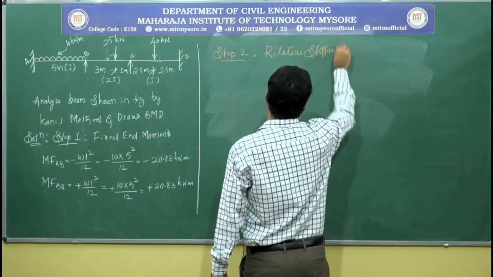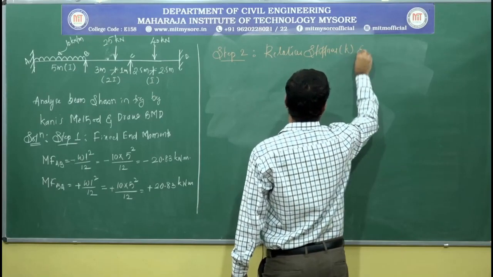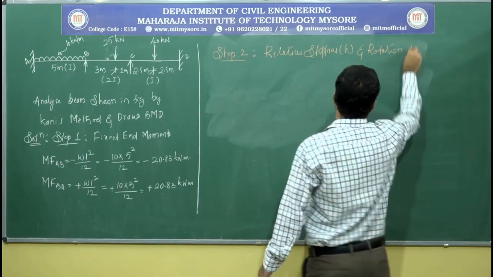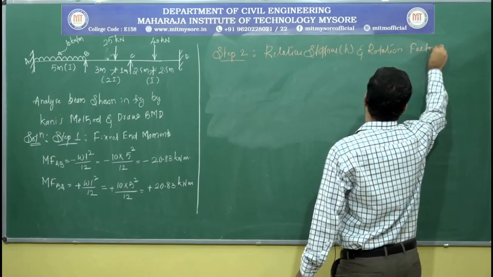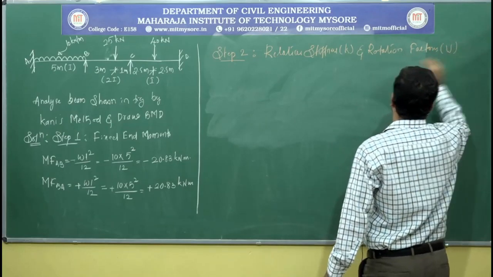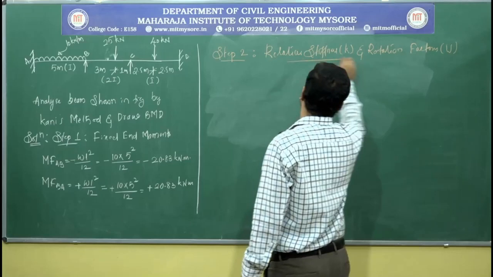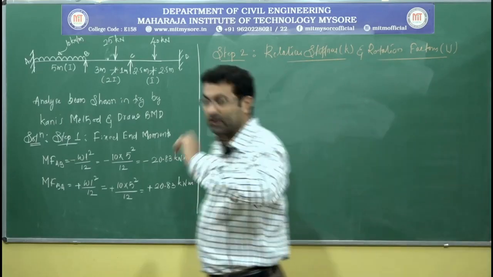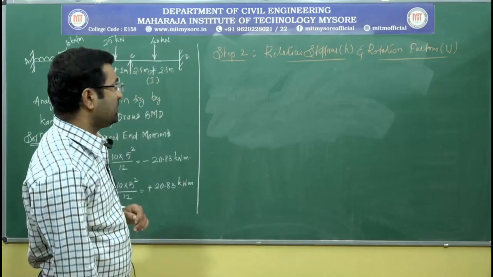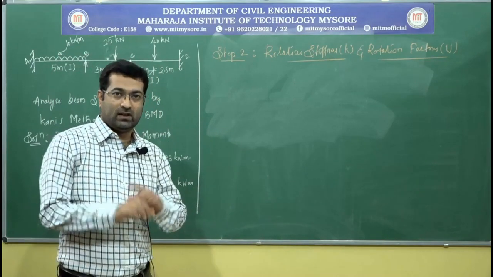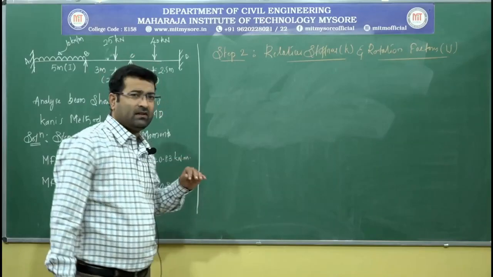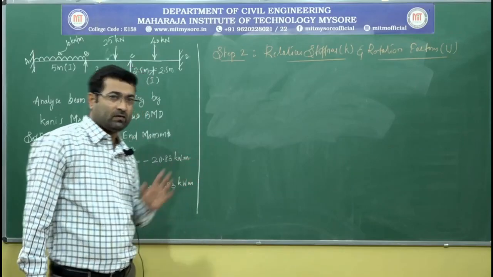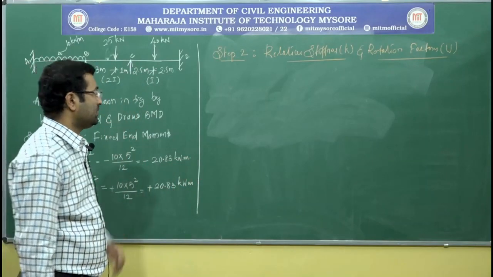Relative stiffness, that is the value of K, and the rotation factors, which we have designated as U. Right. So to calculate the rotation factors, we need to go for a table. The table is very similar to the moment distribution factor table that we have done in the moment distribution method.